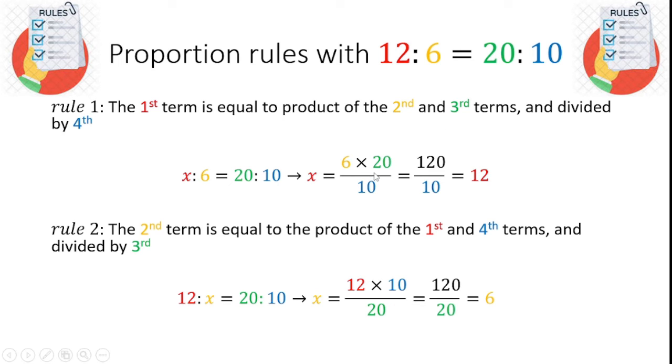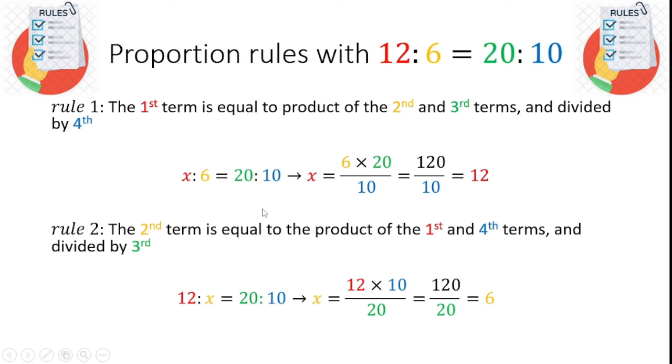So that's 6 into 20, which can be divided by the fourth term. So the fourth term is 10. So 6 into 20 divided by 10 is equal to 120 by 10. From this I can get x is equal to 12. Here I get the value 12, which I considered as the example for explaining this proportion. So from this I can get the first term from rule 1.